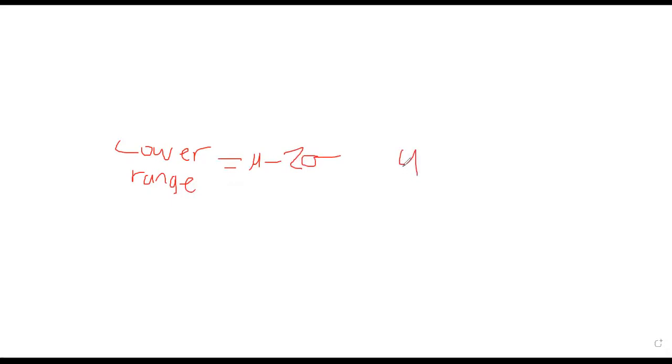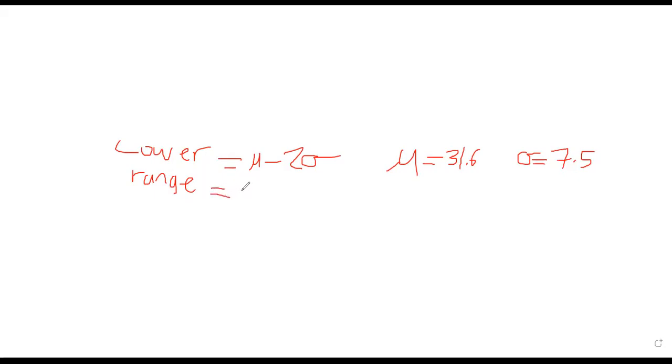What's our mu? Our mu has been given. Can you give me the value of the mu? Mu is what? 31 point what? 6. 31.6, yes. The standard deviation is given as 7.5. So you can substitute here and get the range.